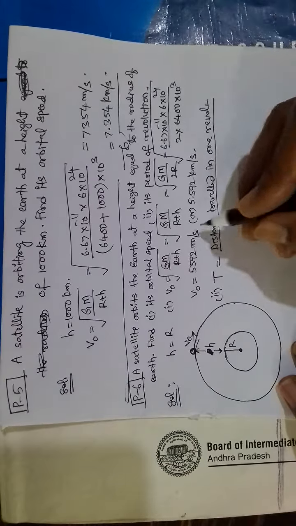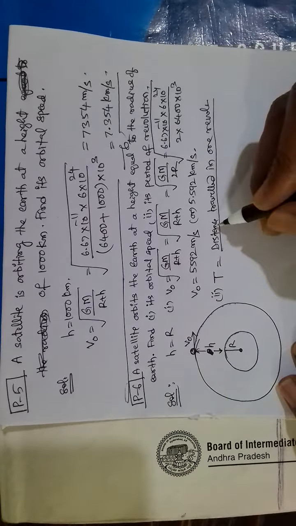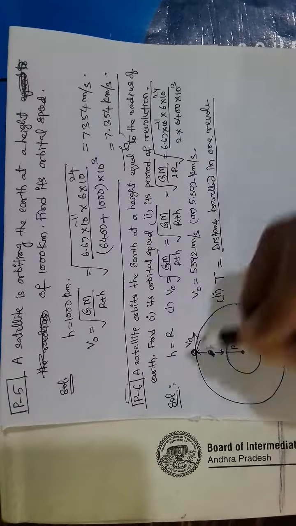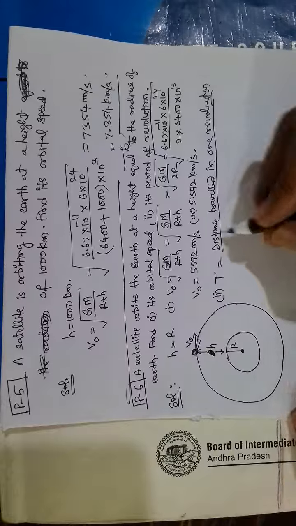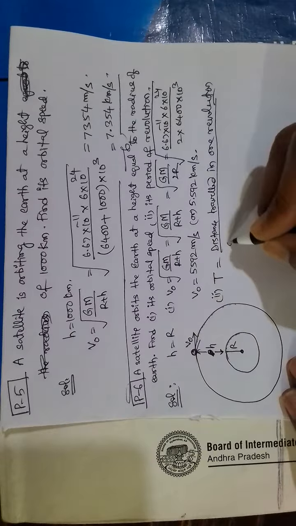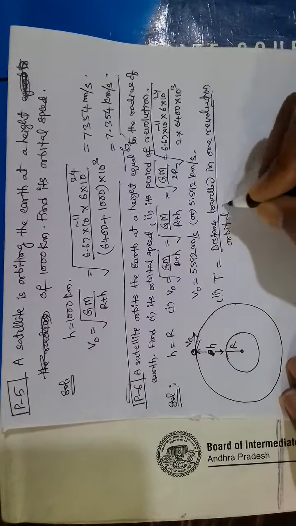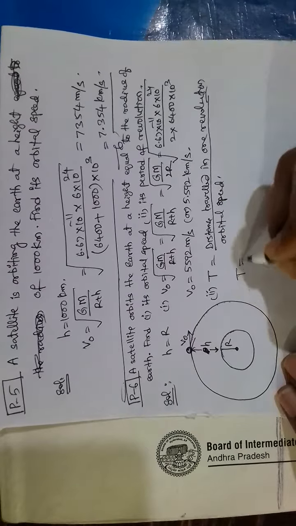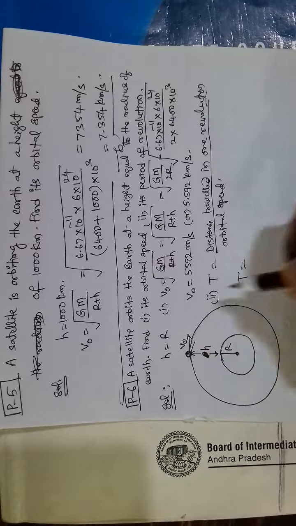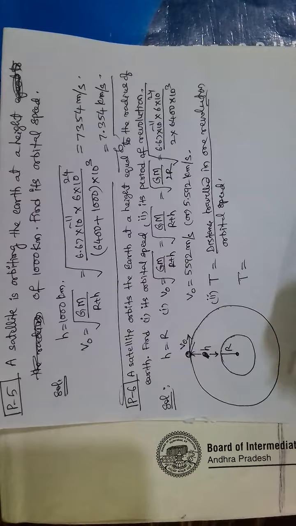Time is equal to distance by speed. Distance is the distance traveled in one revolution, and speed is called orbital speed. So distance traveled in one revolution means 2 pi r.